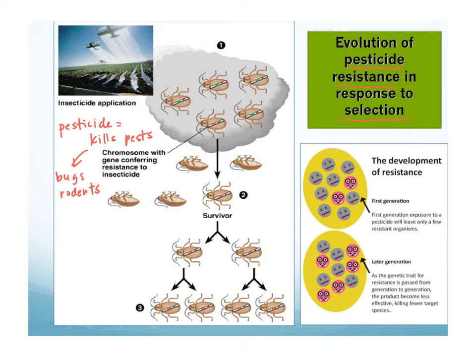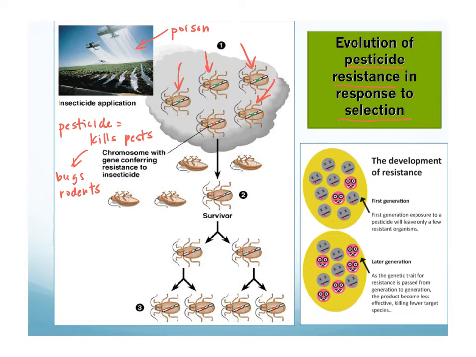The pesticide, you see right here, is being sprayed. So it is basically a poison being sprayed, and the poison is targeted at working against something in the genotype of that particular bug that's going to be poisonous to it.